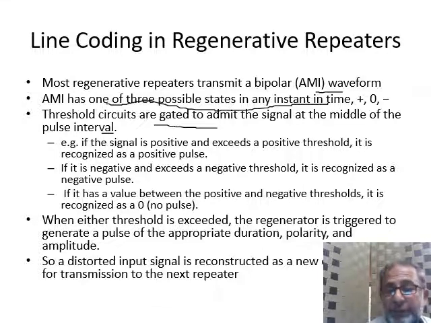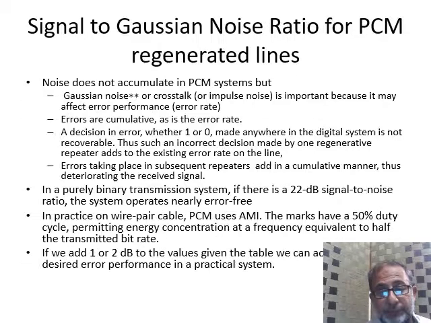For example, if the signal is positive and exceeds a positive threshold, it is recognized as a positive value. If it is negative and exceeds the negative threshold, it is recognized as a negative value. If it has a value between the positive and negative thresholds, it is recognized as a zero or the no pulse value.